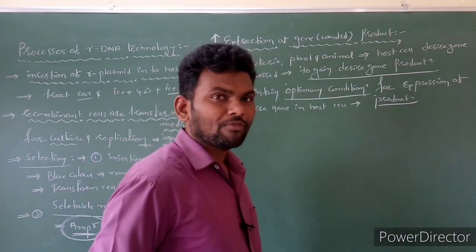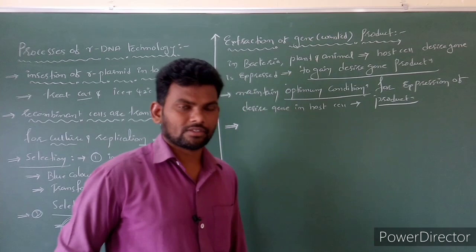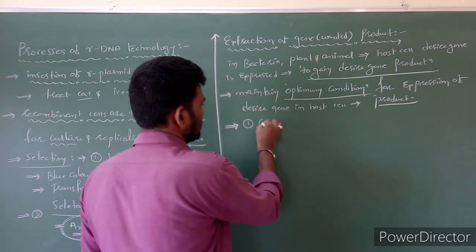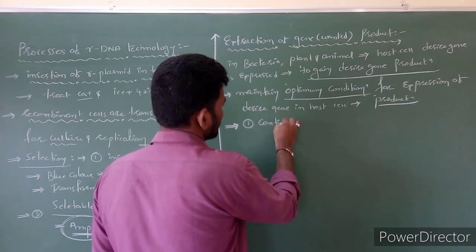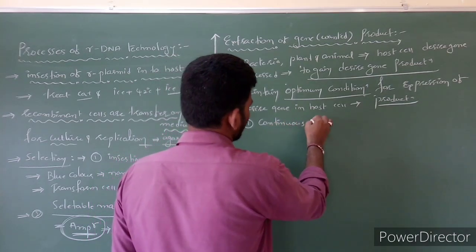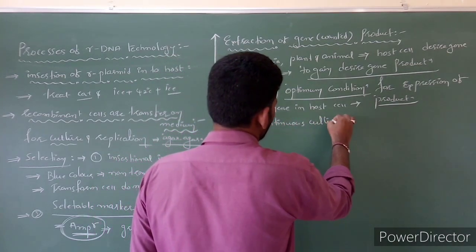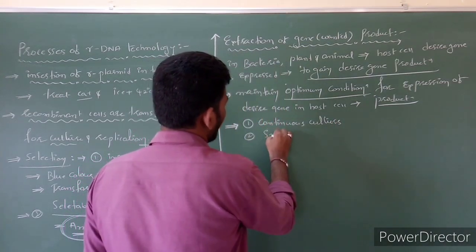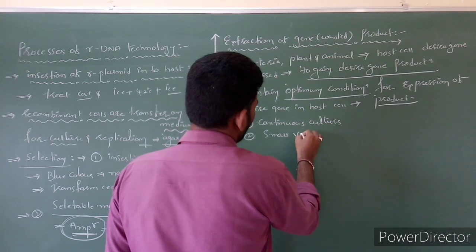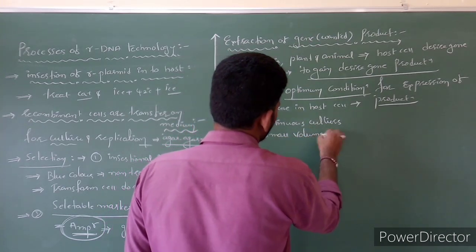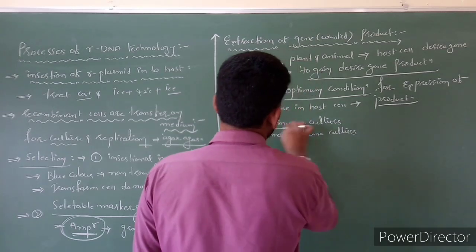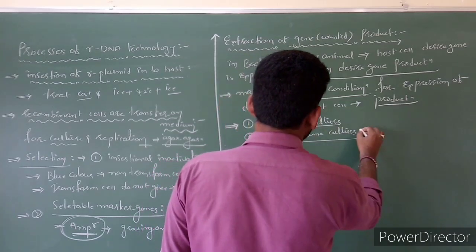Okay, next, for multiplication of recombinant cells we are using cultures. Here two types of cultures we are using. The first one is continuous cultures, and the second is small volume cultures. Continuous cultures and small volume cultures.